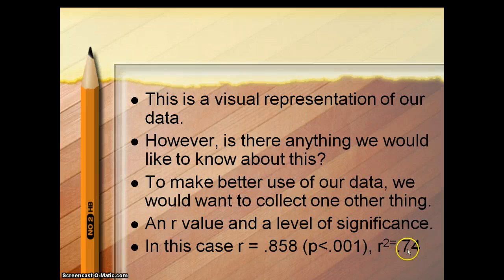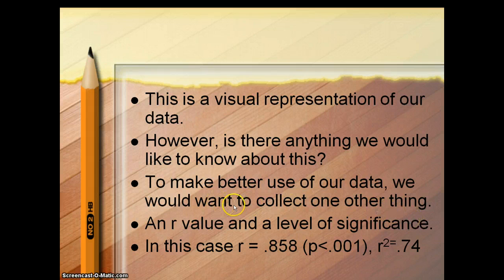And that relationship, just by those two things, is 74% defined, or 0.74. Something about that relationship, though, is not defined. That's called unexplained variance. 26% of that relationship is explained by something that we didn't control for.